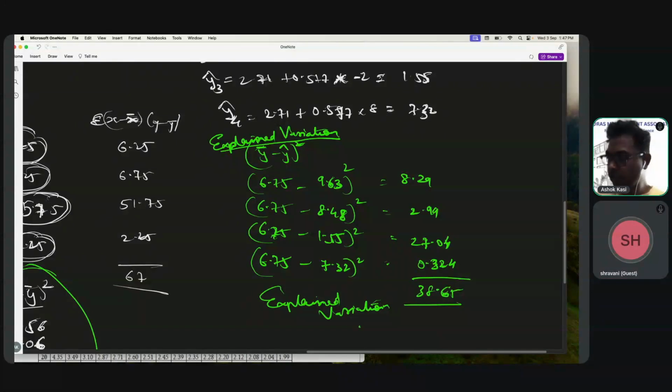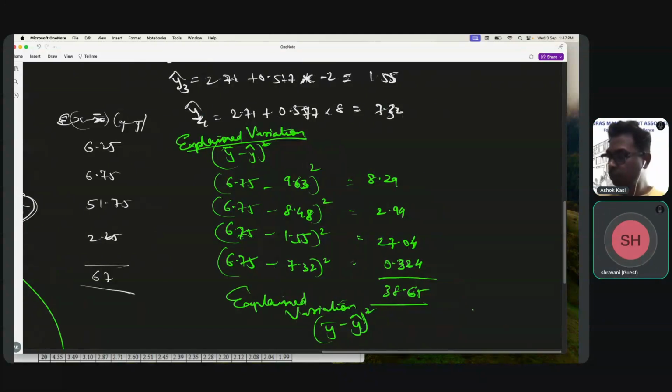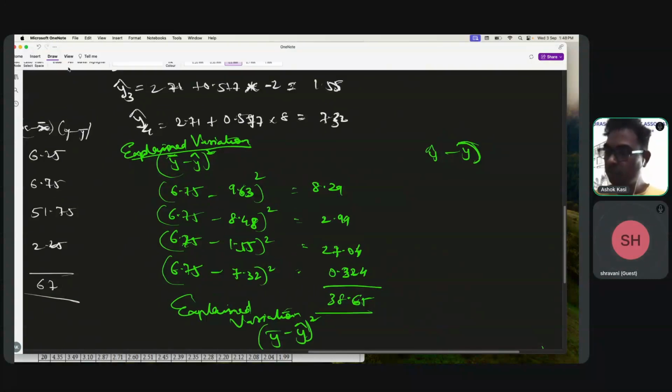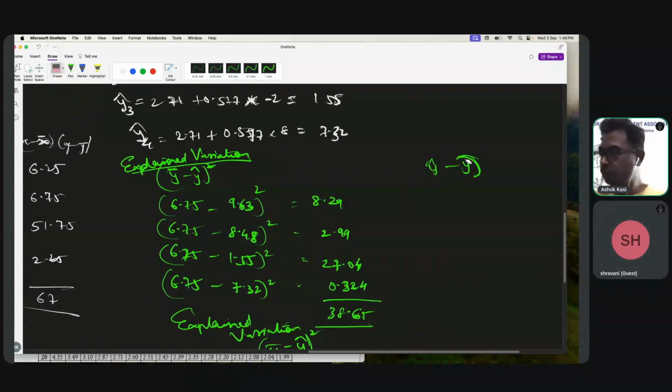This is explained variation, y bar minus y hat the whole square. Then unexplained variation is what? Unexplained is y hat minus y, direct y, not y bar, actual y.